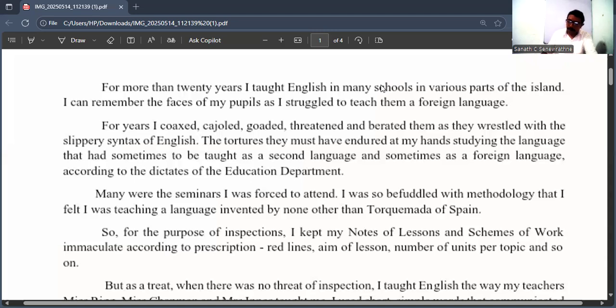in Sri Lanka, the English teaching process is called a second language teaching. Full stop.